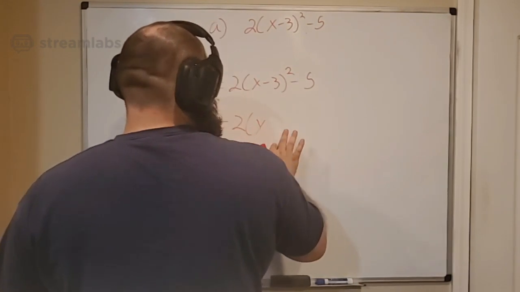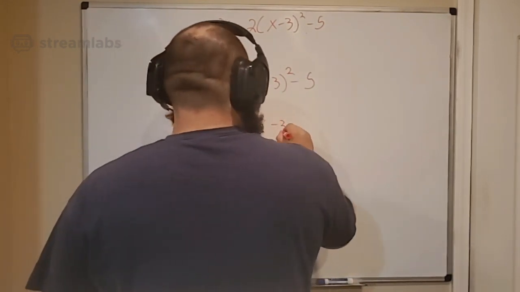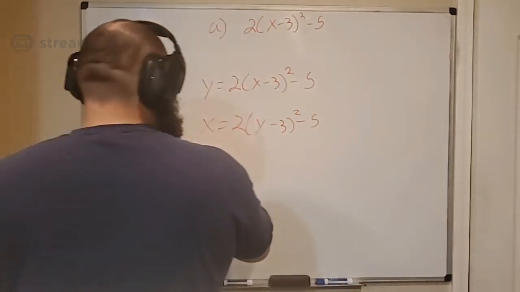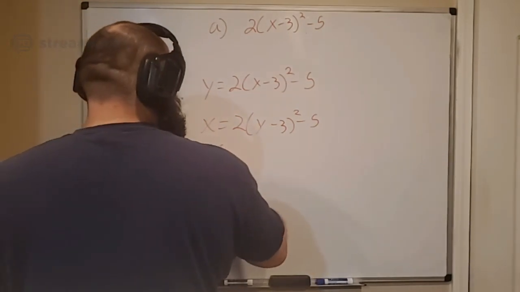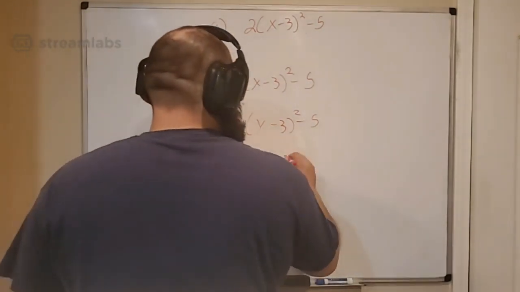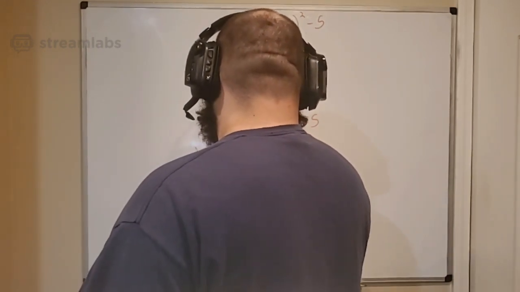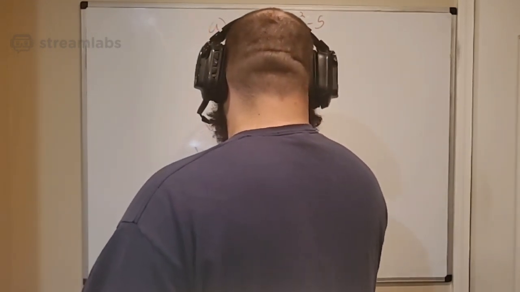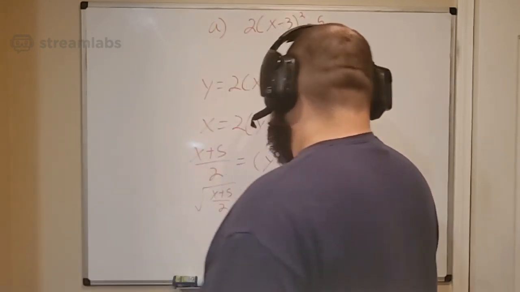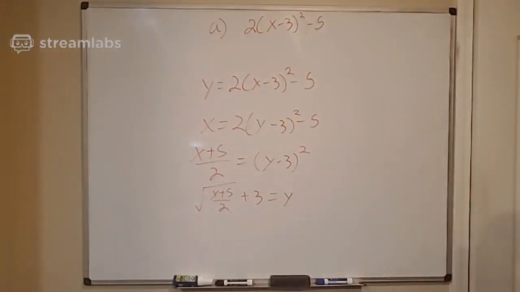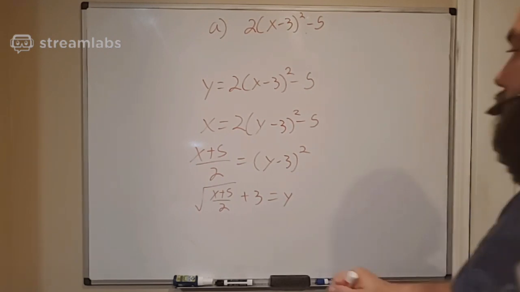So x plus 5 over 2. So square root. So you get that equation there, but the question is, always ask yourself, do I need plus or minus in front of my radical?